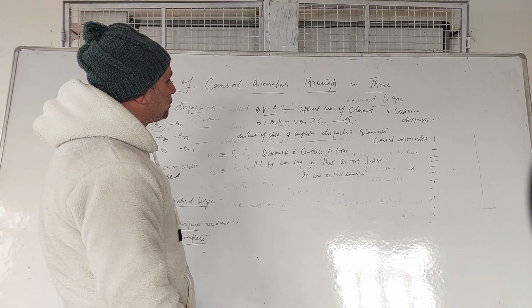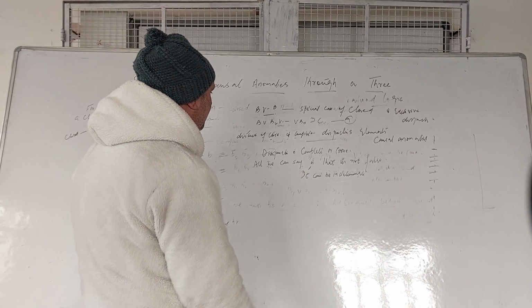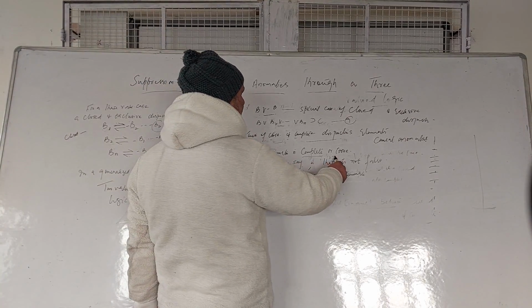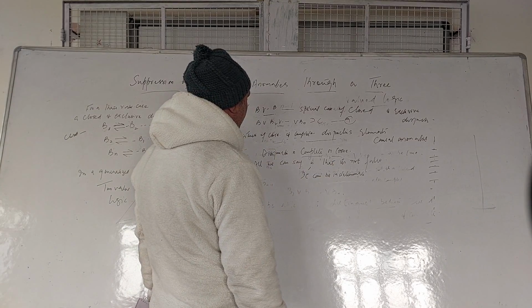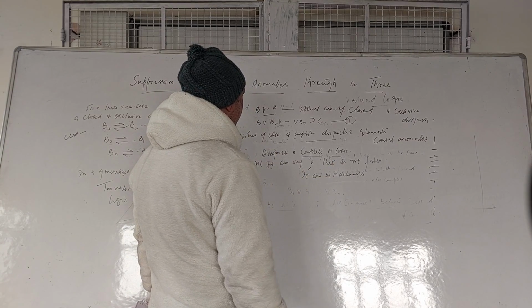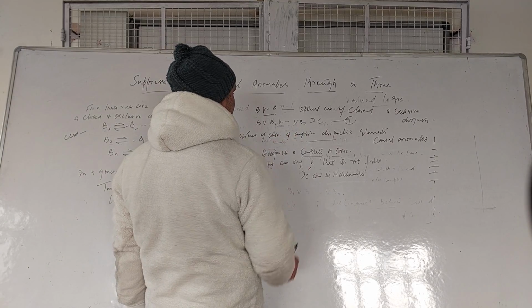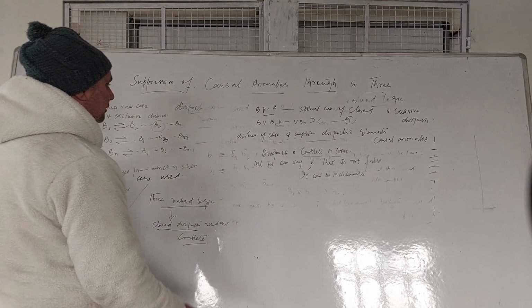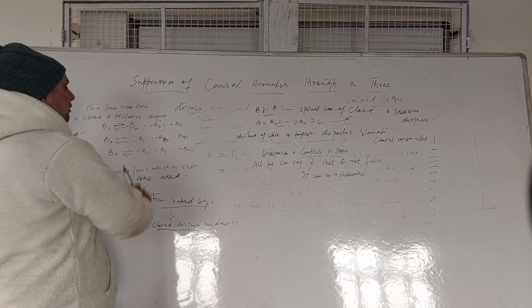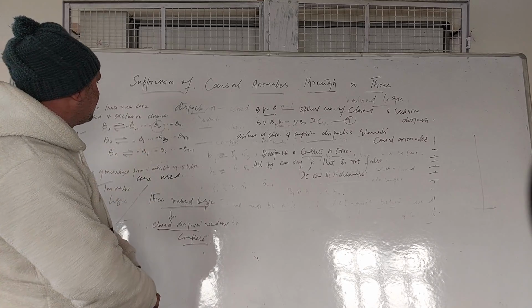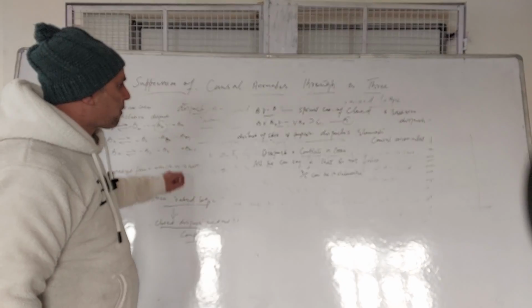Disjunction is complete or true. Complete means the penultimate element is false. This is true.